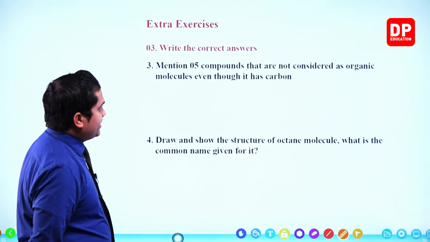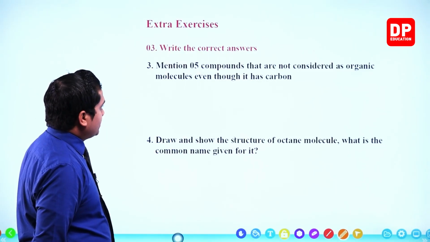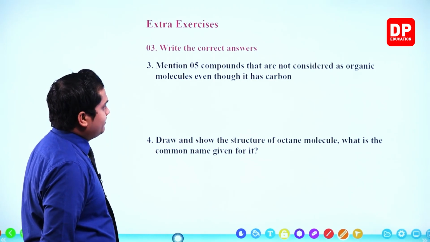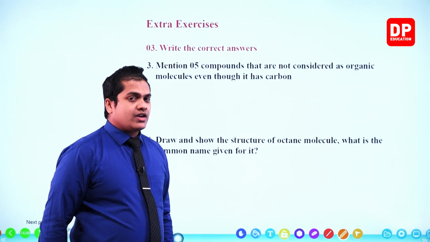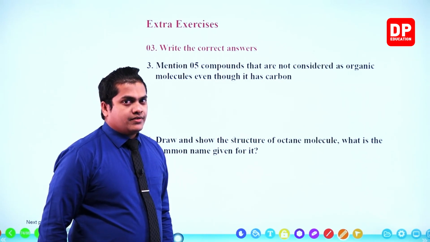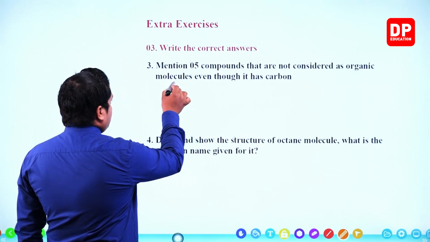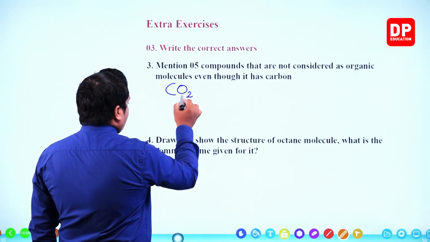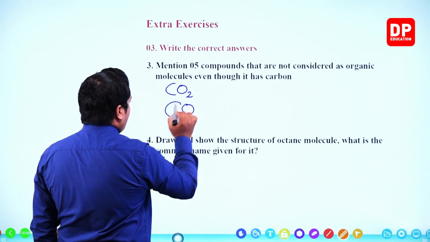Mention 5 compounds that are not considered as organic molecules even though they have carbon. Very simple. You write all the carbonates, bicarbonates and oxides of carbon. So, CO2, carbon dioxide. CO, carbon monoxide.